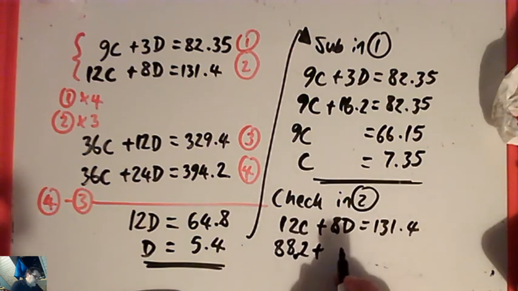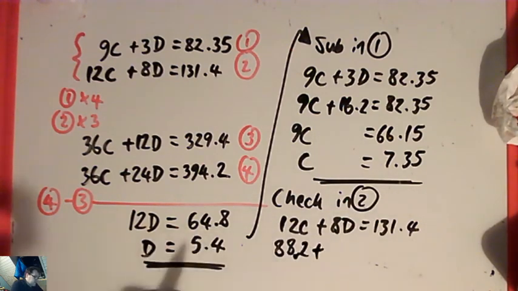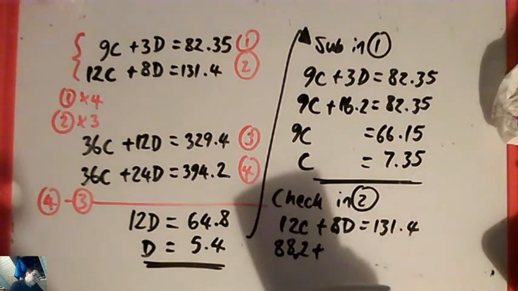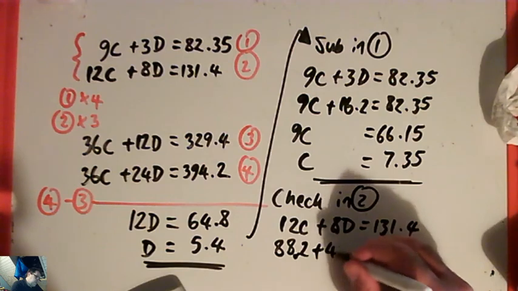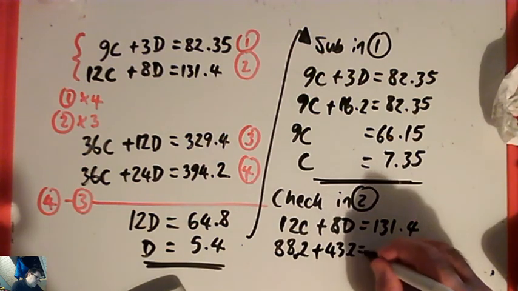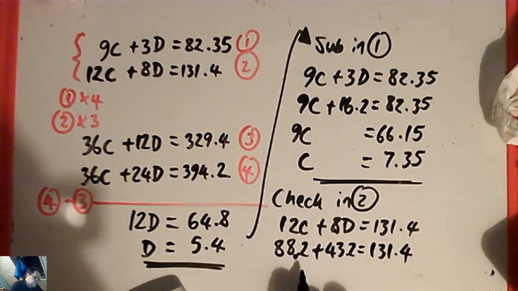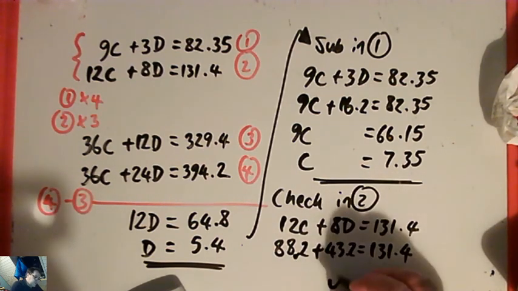Plus 8d. 8d is 8 times 5.4, which is 43.2, and together they're supposed to make 131.4, which they do.